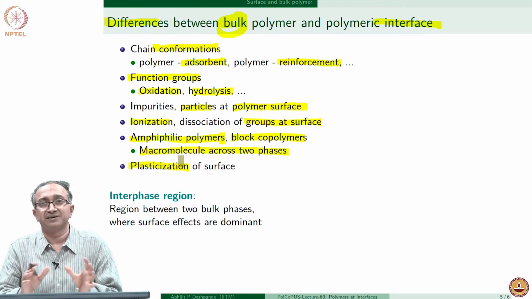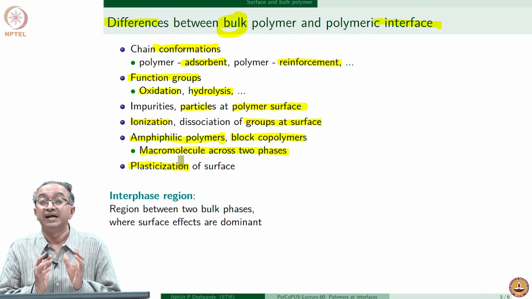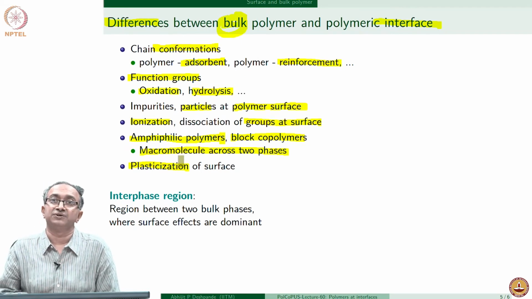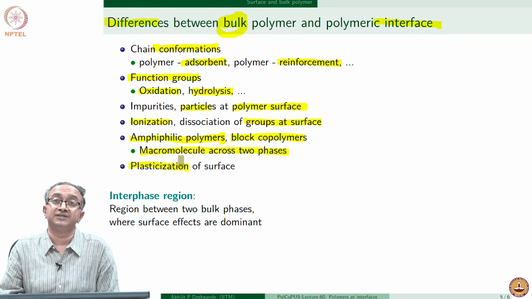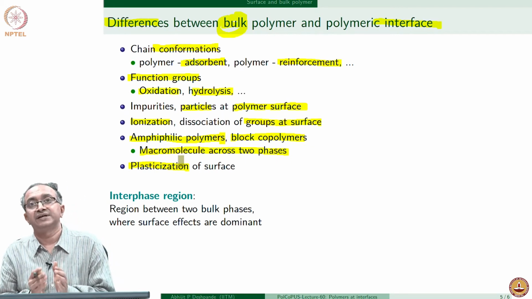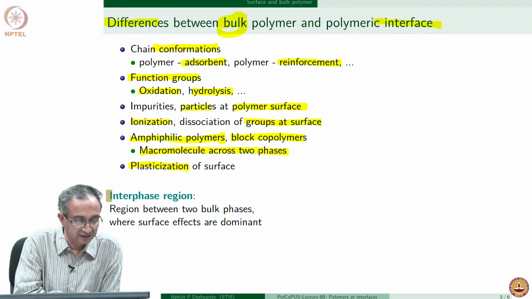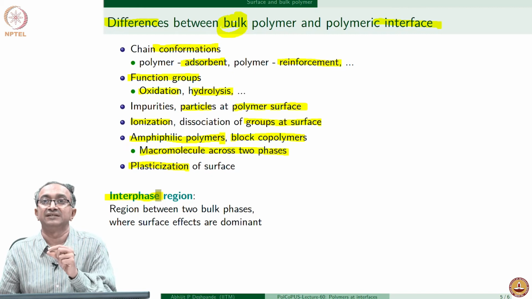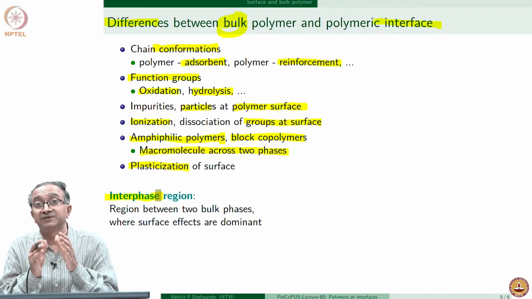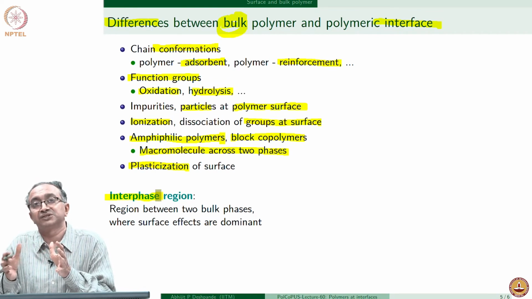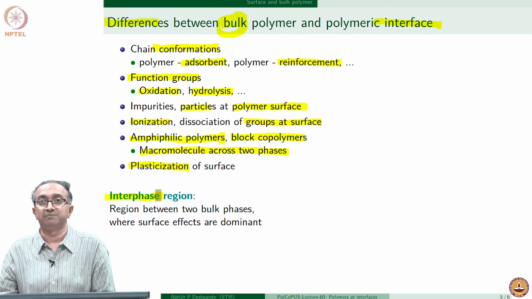So, you can see that there are a large number of ways in which interfaces are very different compared to the bulk, and therefore, it is important to focus on the interface and its properties when we analyze many applications where the role of the interface is very crucial. Many times the interface can also be a region, and then it is called an interphase region, because it is not just a small nanometer scale length; conformation changes near the interface are different, and some of those effects extend much further than the interface might be.